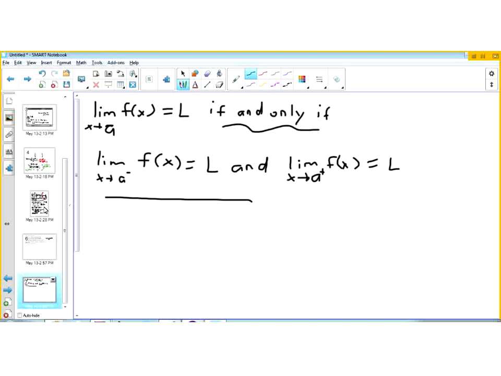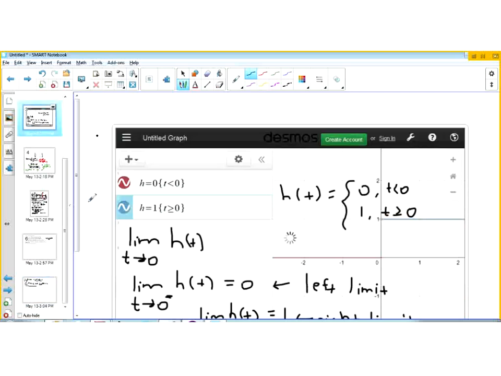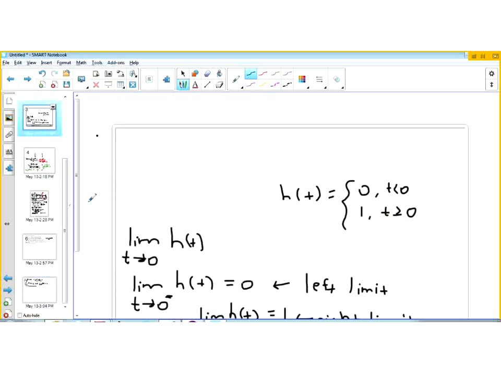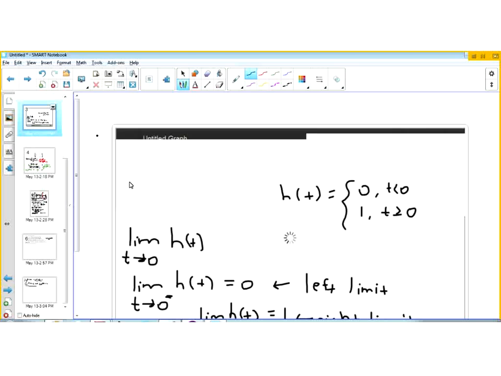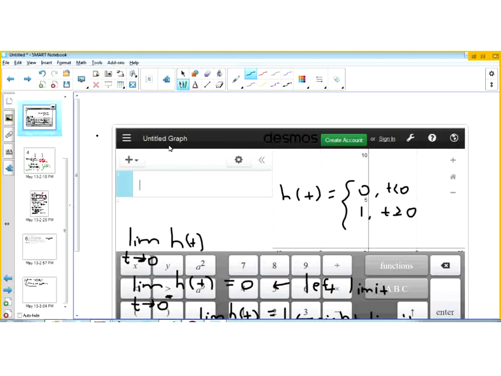Okay, so let's go back to that graph again of the piecewise defined function. Let me see if I can find it. Is this it? Now, in the case of this graph, I guess I'll have to redraw it.